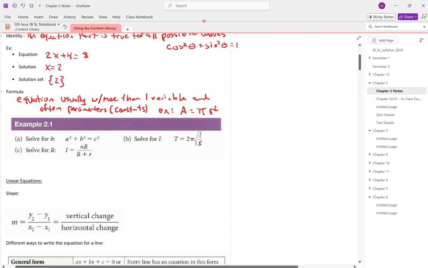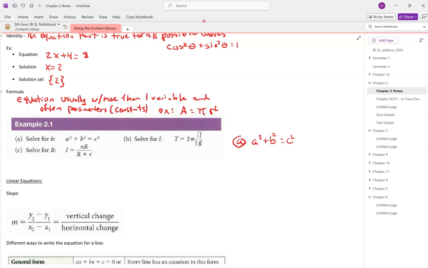So just a little algebra review. Let's say we want to solve a formula for a given value. If I have a squared plus b squared equals c squared, and I want to solve that for b, what would I do first? Good, we'll subtract a squared from both sides.